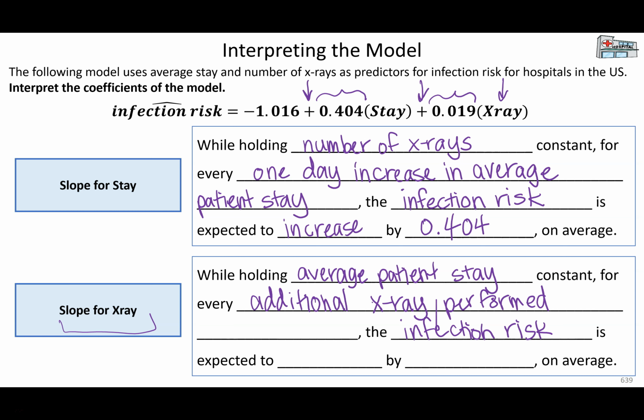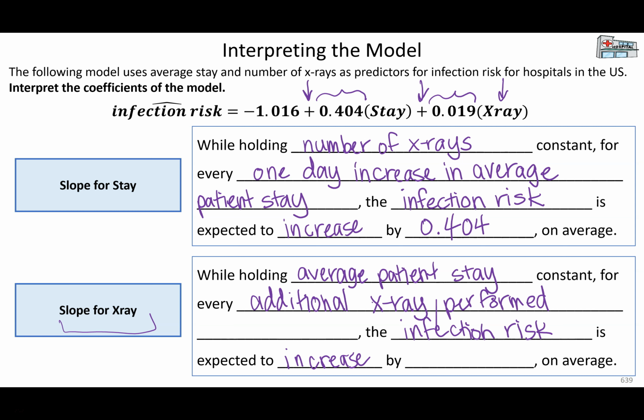Looking here, it looks like it's positive, so we think it will increase. So hospitals with more x-rays have higher infection risks. That might be because certain types of injuries and ailments are more likely to need x-rays, and those are maybe more vulnerable to infection risks.